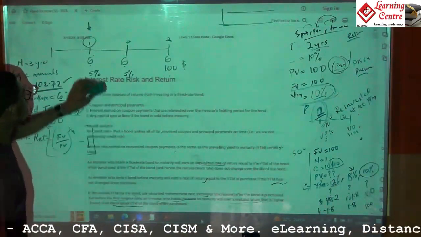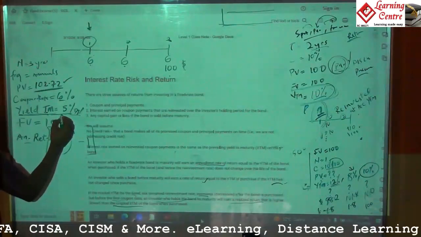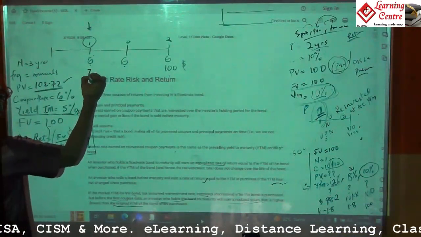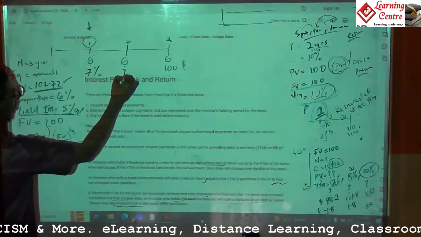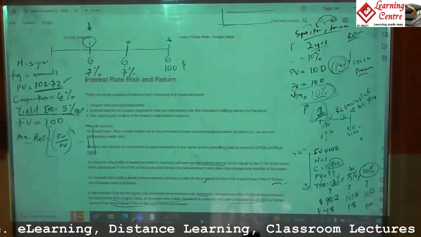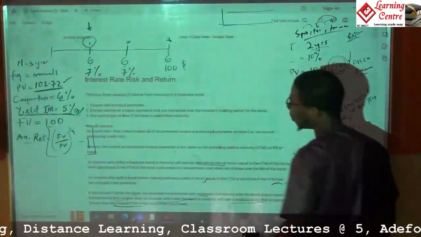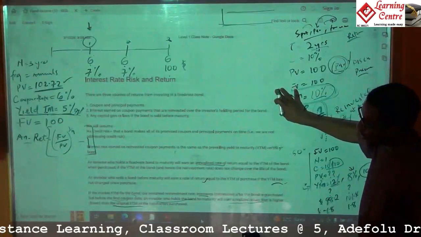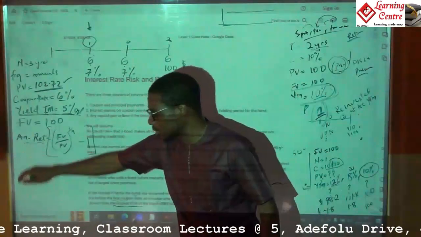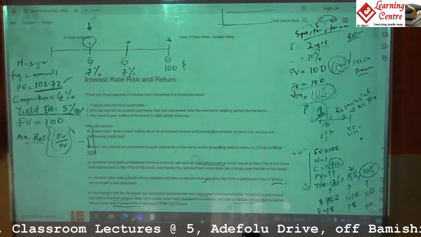Now we are going to be investing all these coupons. We were at 5% again, now we invest them at 7%. Do this, compute the future value of all the cash flows, then the annualized return. Let's see what the return will be after 3 years.